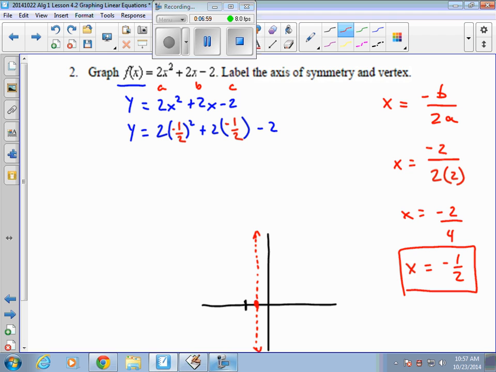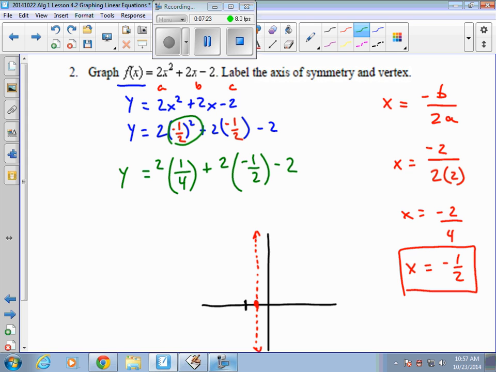So again, just like on the last one, square negative 1/2 first. Squaring negative 1 is going to give you positive 1. Squaring 2 is going to give you 4. So you have 1/4 times 2 plus 2 times negative 1/2 minus 2 is equal to y.